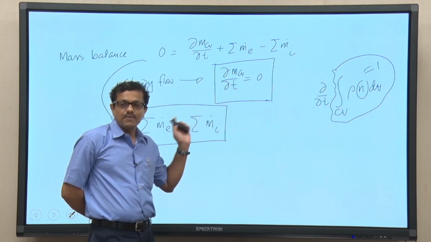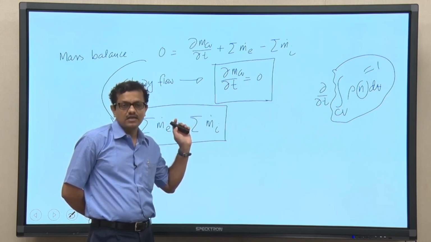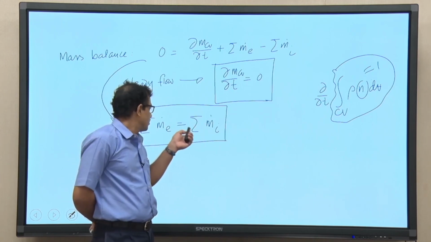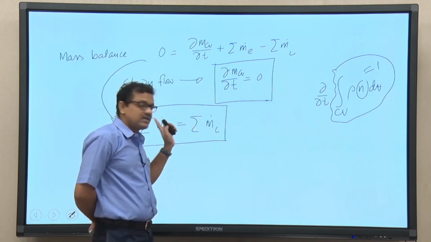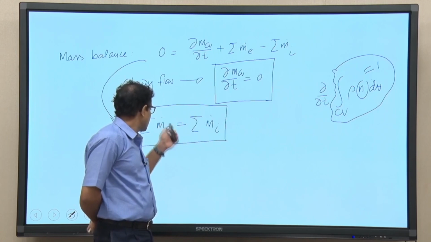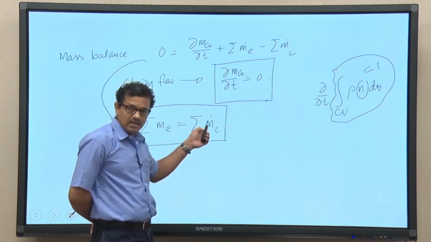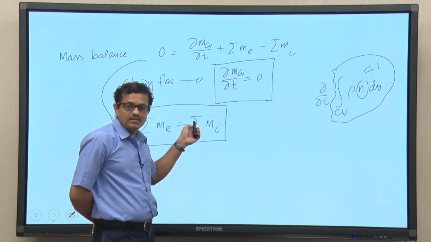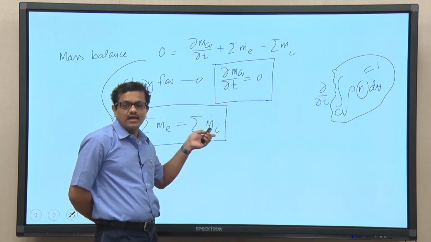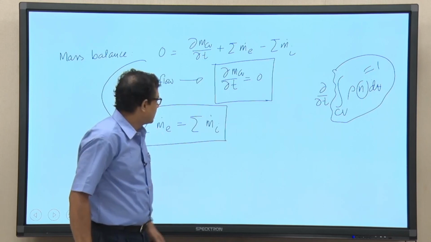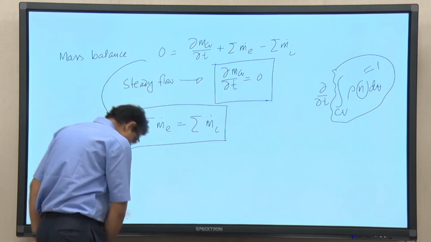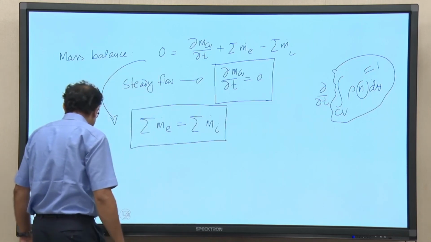If we apply the steady state steady flow process assumption, then from the mass balance equation we can write directly that m dot I equal to m dot E. We have taken summation considering the fact that we may have multiple inlets and multiple exits. Okay. So, now if we go to the energy balance equation.